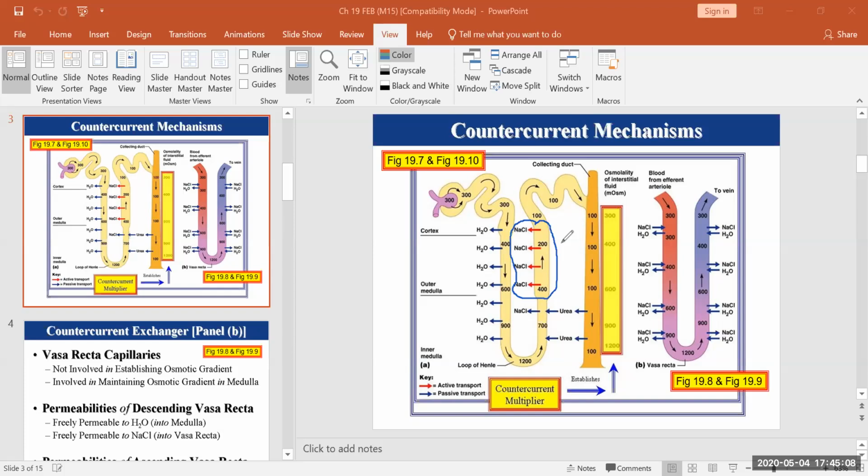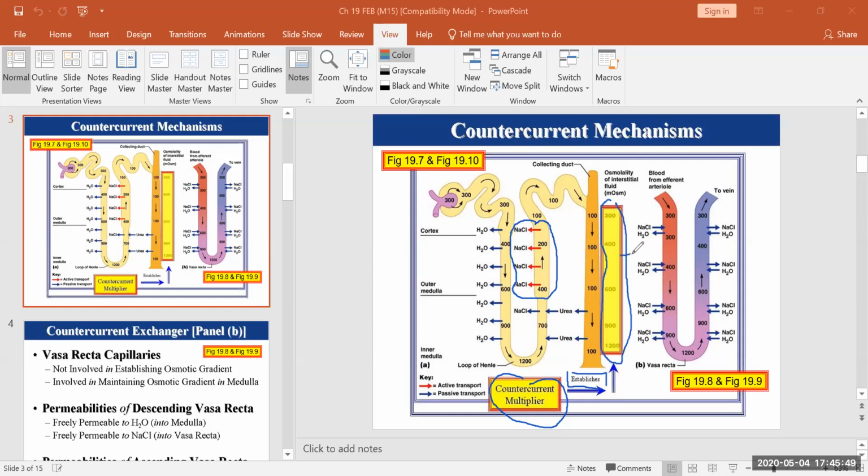So throughout the renal medulla, that osmotic gradient is possible because of the ascending limb of the loop of Henle using active transport, actively pumping out salt, concentrating that renal filtrate as it goes toward the DCT. And that step, we call the countercurrent multiplier. So the countercurrent multiplier establishes the gradient, this gradient here. When we say osmotic gradient, that's the gradient we're talking about.